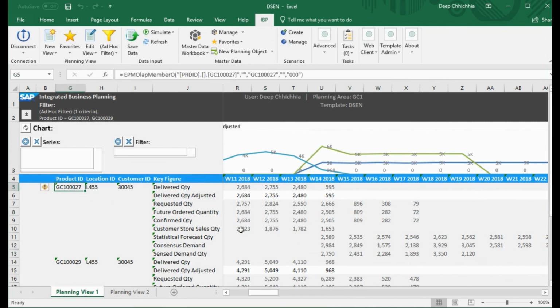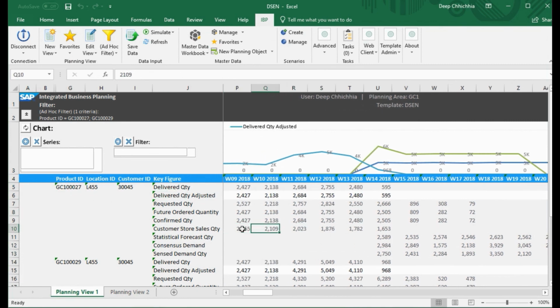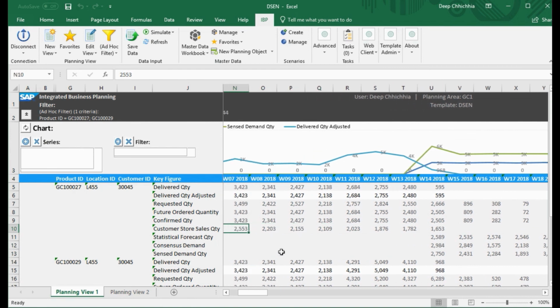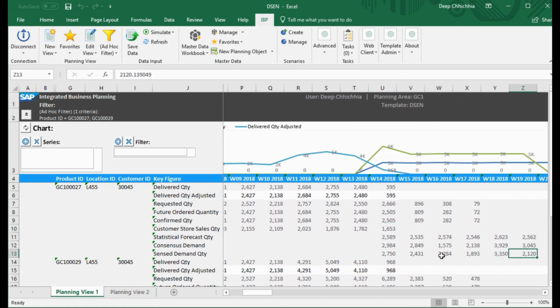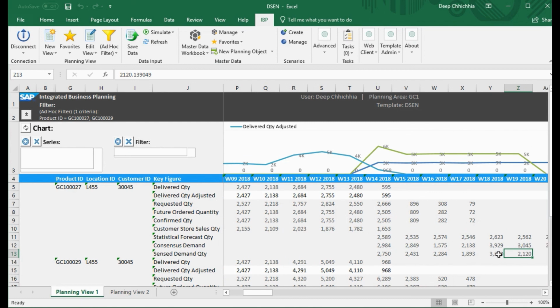For this product 27, if you look at the retail POS data, you will see that the sales are dying a little bit from 2,500 to around 1,600, and there's a steady decline in sales. So demand sensing picks up this particular trend, and if you look at the sense demand quantity, it has now reduced for some time periods to around 2,200, 1,800 and 2,100.